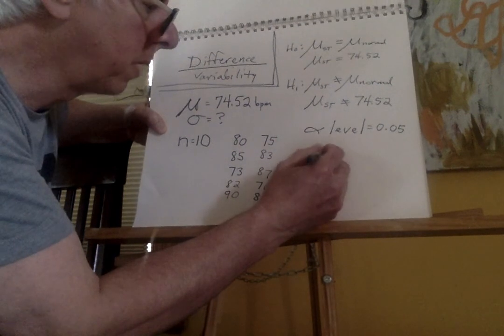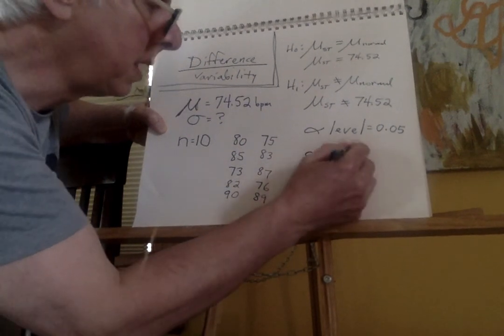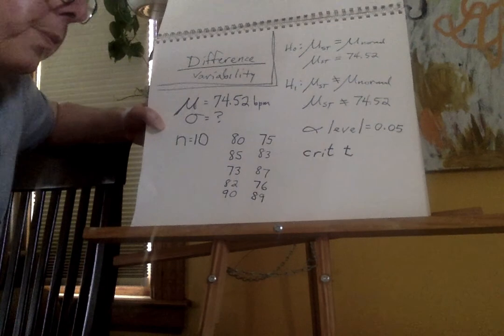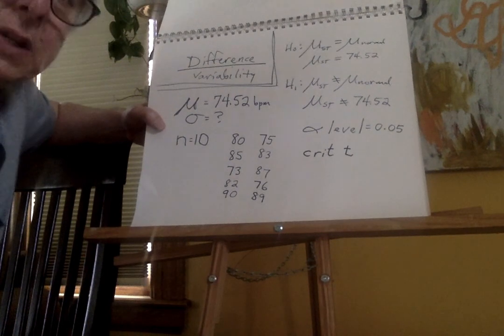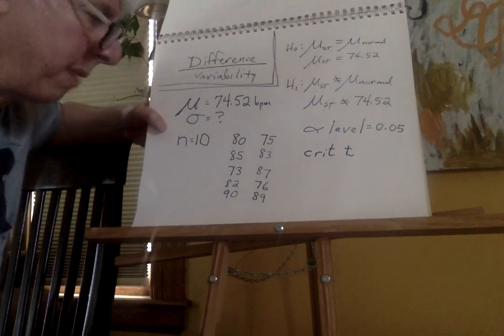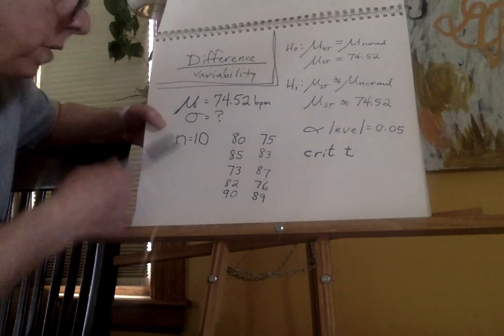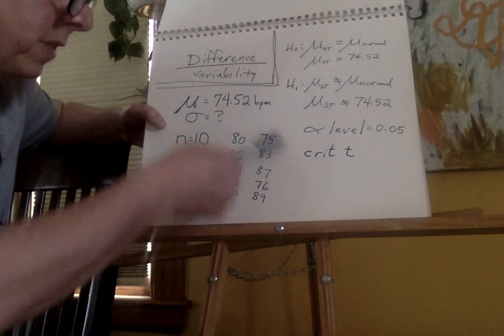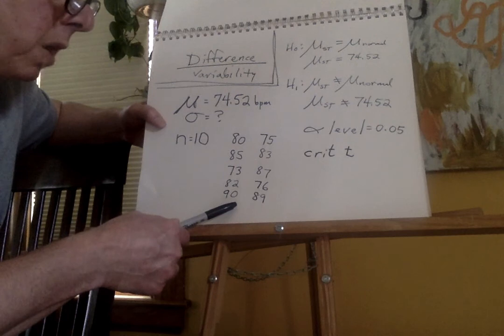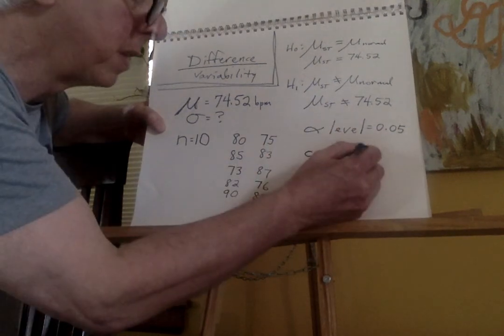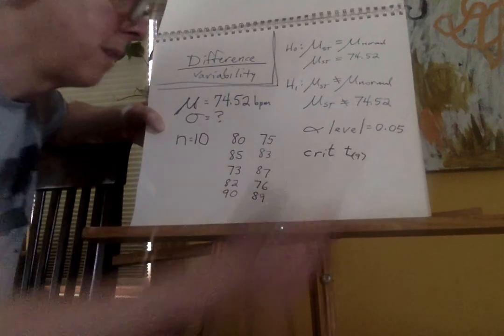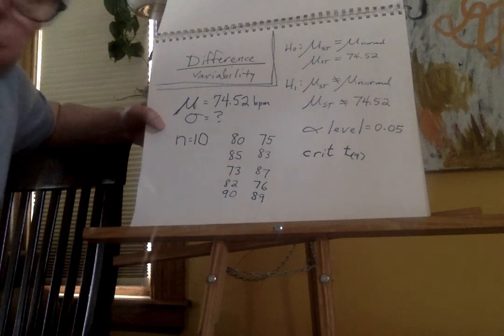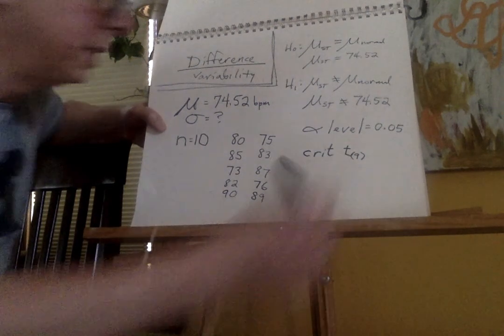So I'm going to do critical t. And now, what are the degrees of freedom that we have here? Remember, degrees of freedom are the number in our sample minus 1. So the degrees of freedom here is 10 minus 1. So 10 minus 1 is 9.